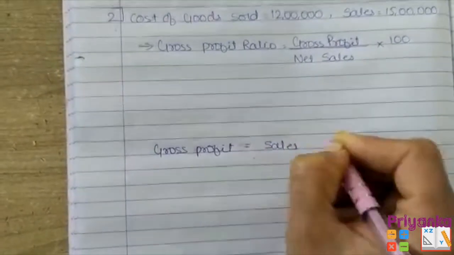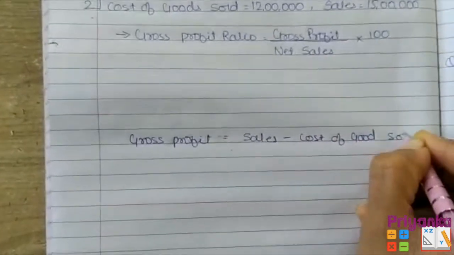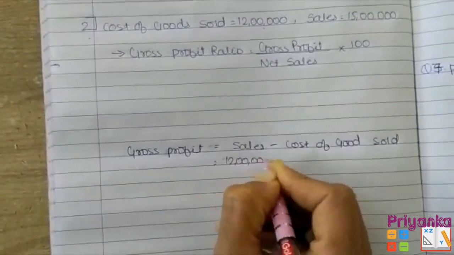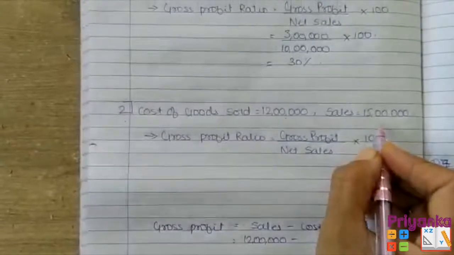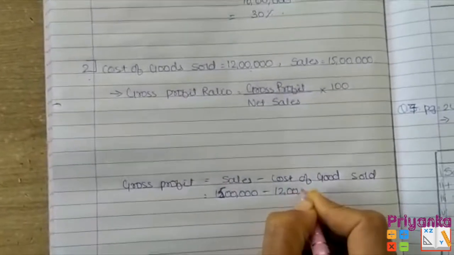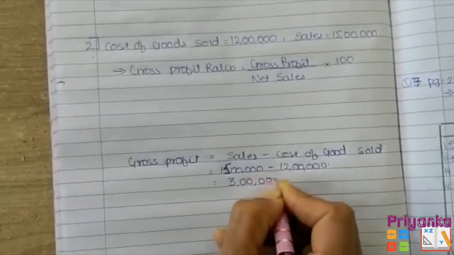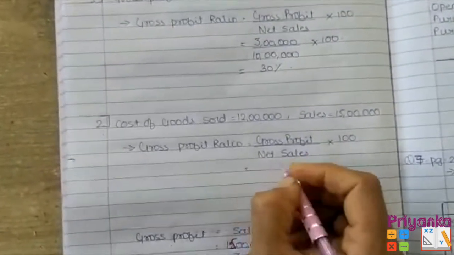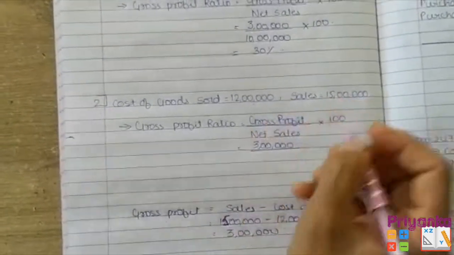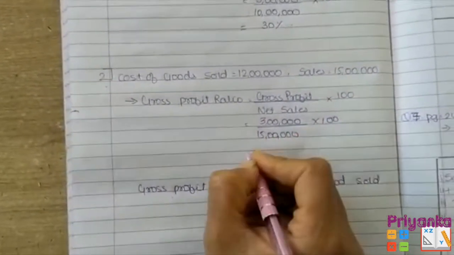Gross profit is equal to sales minus cost of goods sold, that is 15 lakh minus 12 lakh. So here comes 3 lakh. So here we got the value of gross profit. Now I can go to the formula to write down 3 lakh of gross profit divided by net sales, that is 15 lakh, into 100. Here I got 20%.